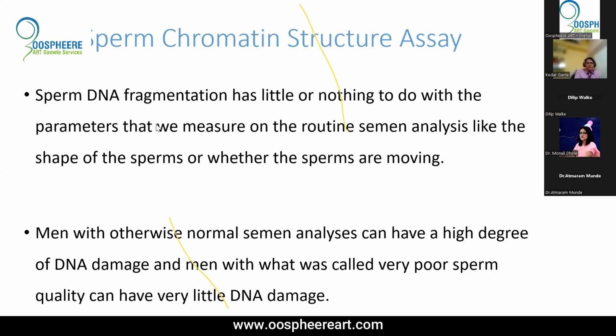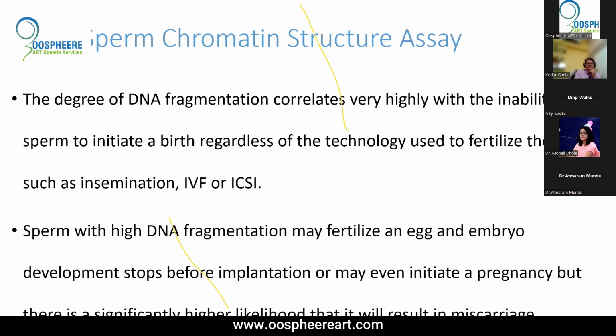When you do a routine semen analysis, it is impossible to tell whether the sperm has little or more DNA fragmentation. So a normal semen analysis can also have high DNA fragmentation, and a person with low sperm count can have very little DNA fragmentation. I was explaining in the initial stage that even a 5 million count can initiate pregnancy.